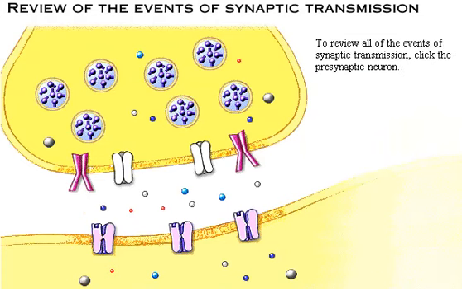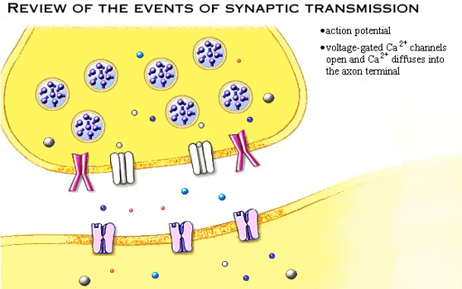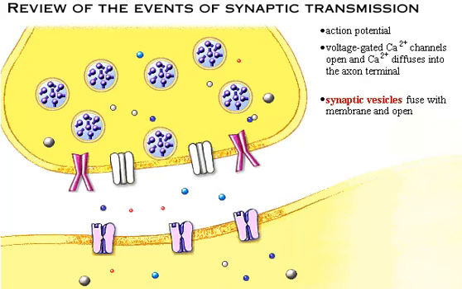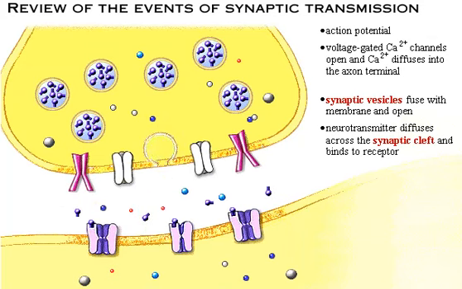To review all the events of synaptic transmission, click the presynaptic neuron. An action potential occurs in the presynaptic terminal. The voltage-gated calcium channels open and calcium diffuses into the axon terminal. The synaptic vesicles fuse with the presynaptic cell membrane and open. Neurotransmitter diffuses across the synaptic cleft and binds to the postsynaptic receptor.